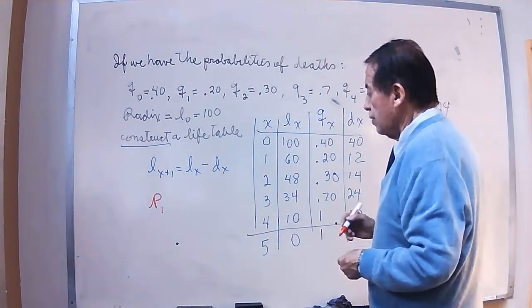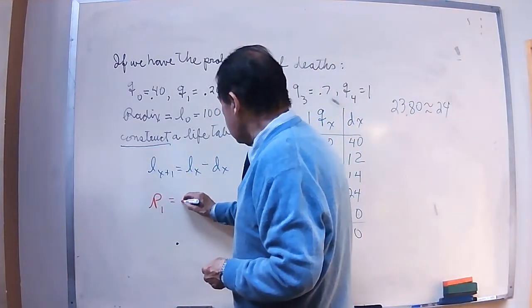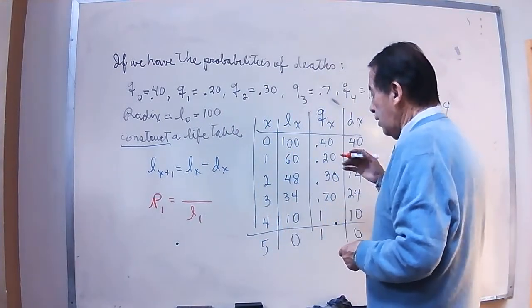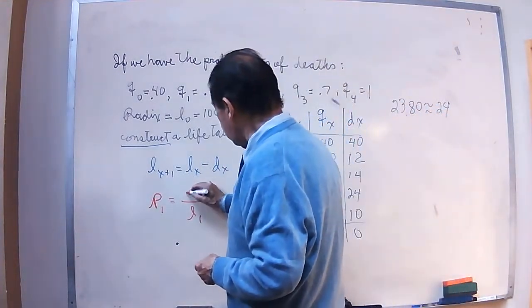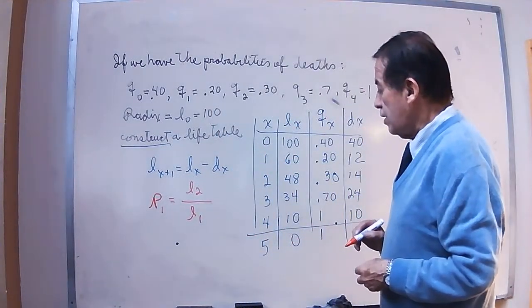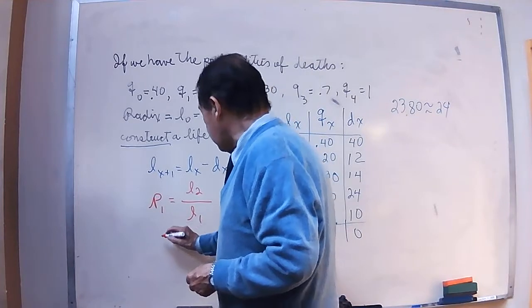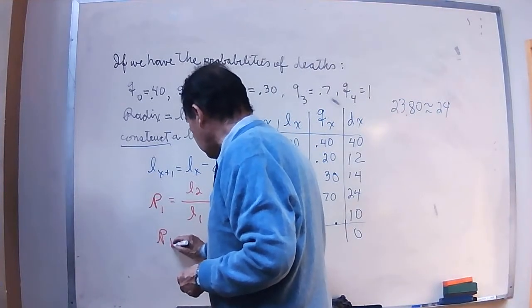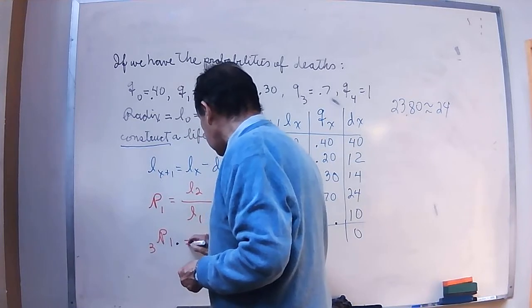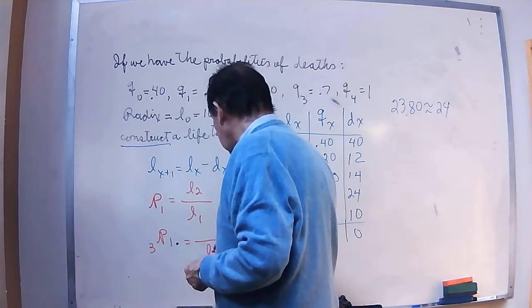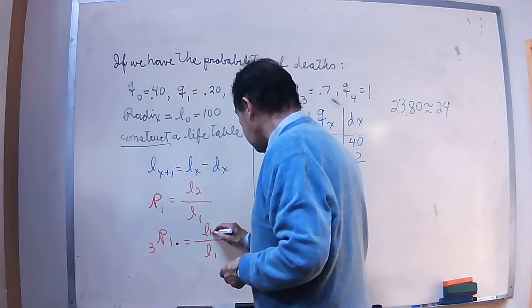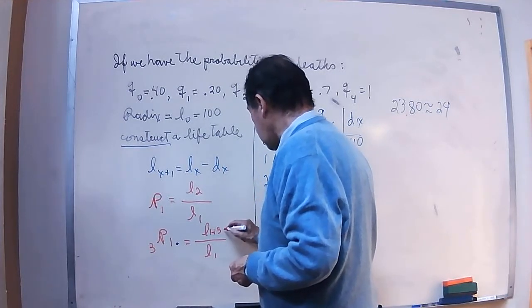Okay, one more year. At the present time, this person's age is 1. In one more year, the person will be age 2. Now, if I would say, what will be the probability that the person age 1 will be living 3 more years? In this case, this will be 1, and this will be 1 plus 3. In other words, L4.